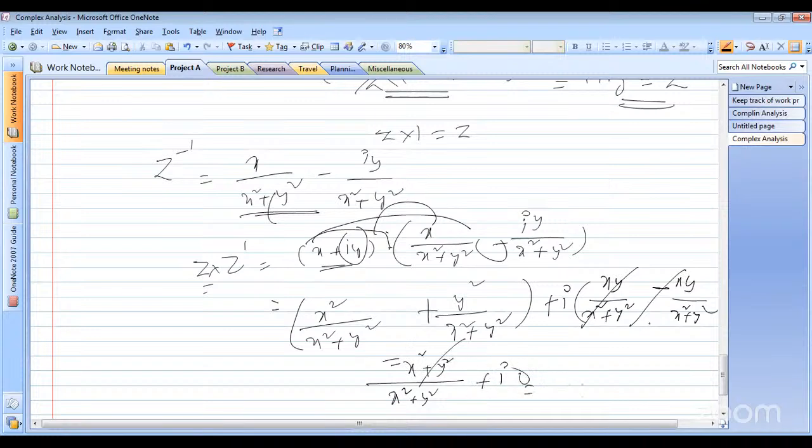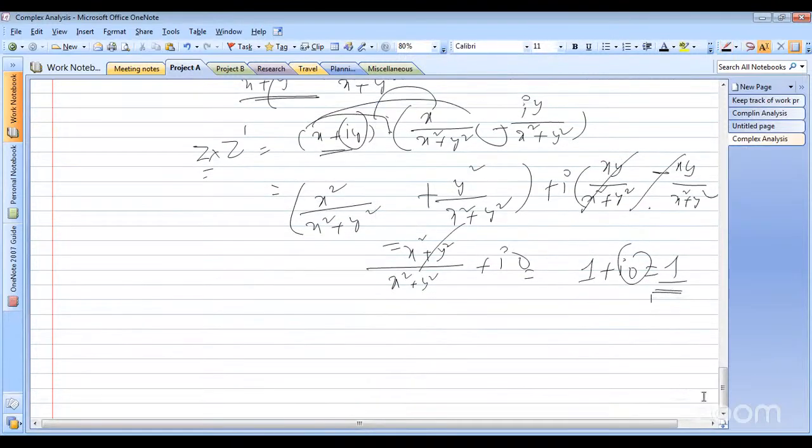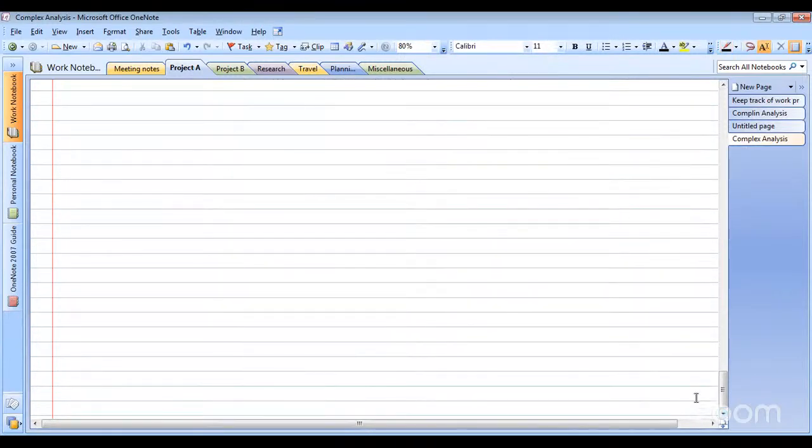So 1 plus i0, that is equal to 1. In the multiplication we did the real part, and immediately we did the imaginary part also. Similarly, z inverse z is equal to 1. This is the property we have to prove.